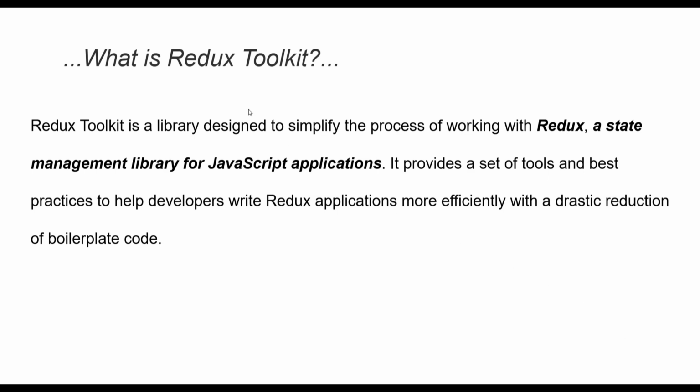But when Redux Toolkit was designed, it actually simplified the process of working with Redux itself. So currently, the recommended way of working with Redux is through Redux Toolkit. And so Redux Toolkit provides a set of tools and best practices to help developers write Redux applications more efficiently with a drastic reduction of boilerplate code. So that is the function of Redux Toolkit.